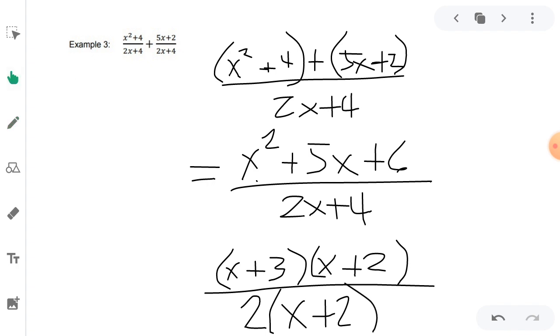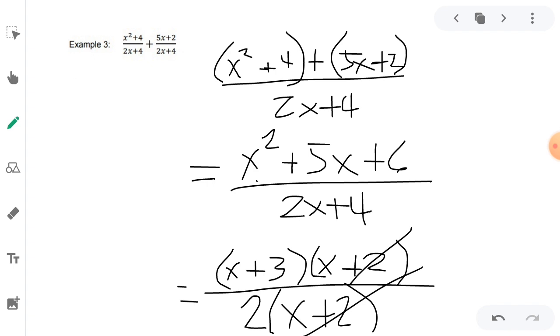So kapag chinek natin, 2 times x is 2x. And then 2 times 2 is 4. So next, ano yung next step? Kung napapansin nyo, ano yung GCF ng numerator and denominator? Ano yung similarities nila? The x plus 2. So we need to cancel out x plus 2 and x plus 2.